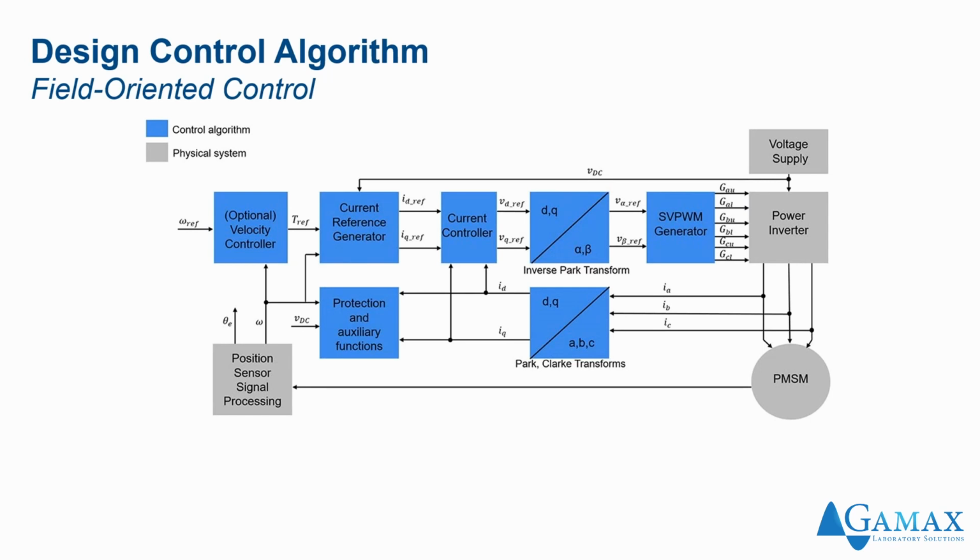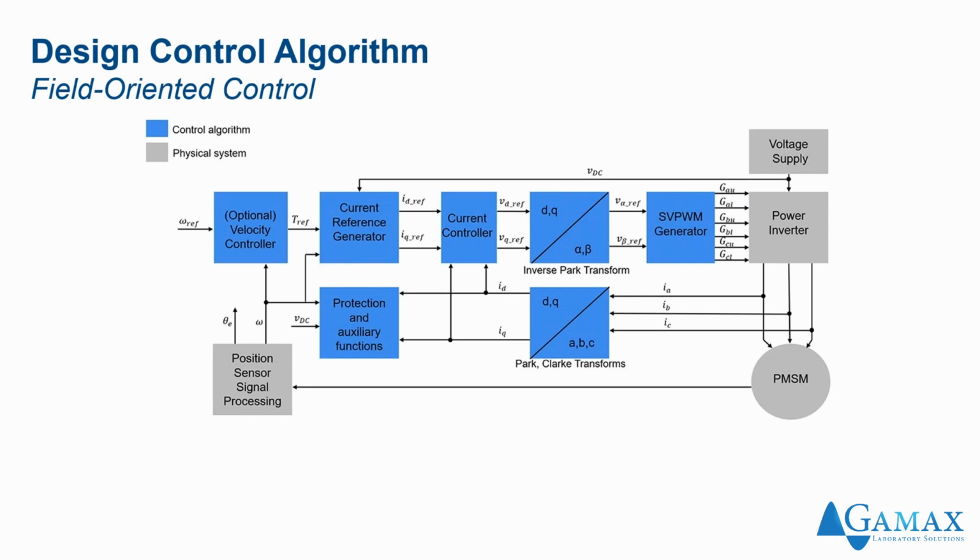Also, we have Clarke, Park and inverse Park transforms to convert between stationary and rotating synchronous frames, a space vector modulator to transform the reference voltage commands into pulse width modulation signals that could be applied to the stator windings. We also have protection and auxiliary functions, including the startup and the shutdown logic.